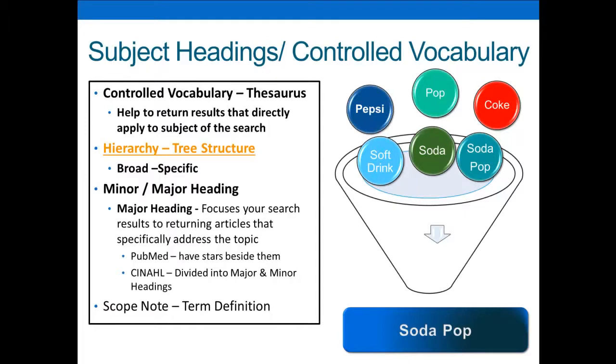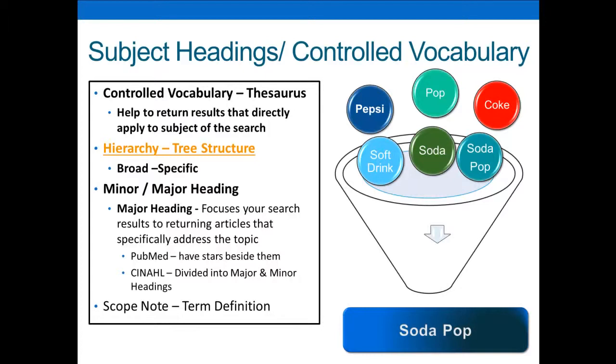One other thing to keep in mind when it comes to controlled vocabulary subject headings is they are sometimes subdivided into major and minor headings. Anytime you see one coded as a major heading, it's going to really focus your search or decrease the number of results. The reason is because when you designate something a major heading, that means it's the major topic or discussion of the paper.